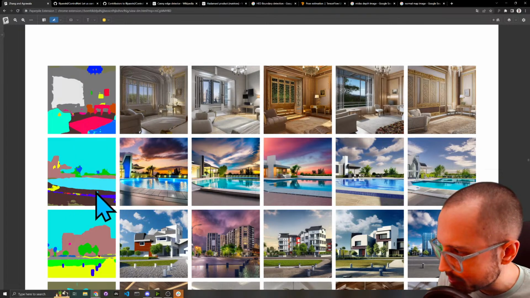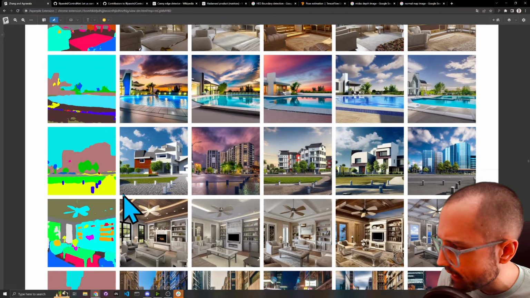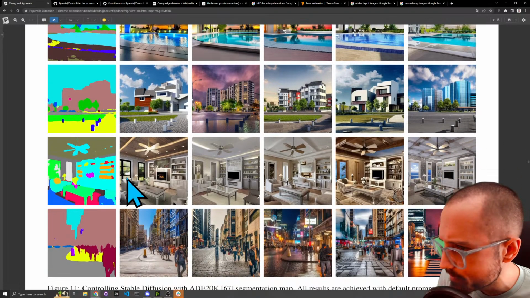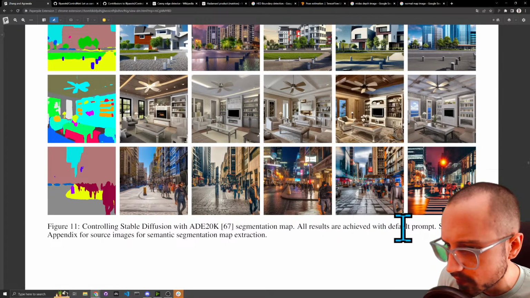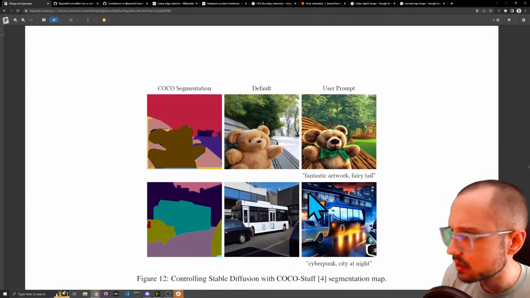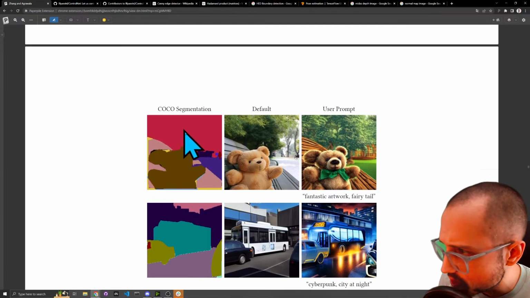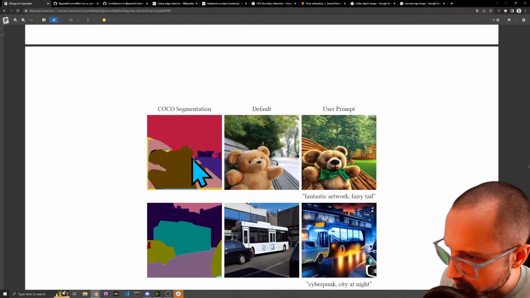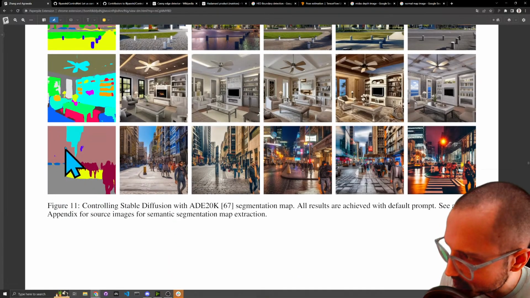This is segmentation maps. Pretty good. So you see here, Coco segmentation maps are actually polygons versus these type of segmentation maps are pixel.